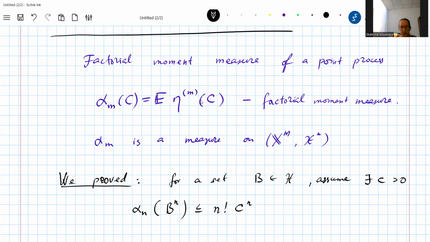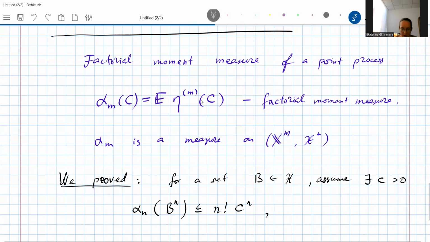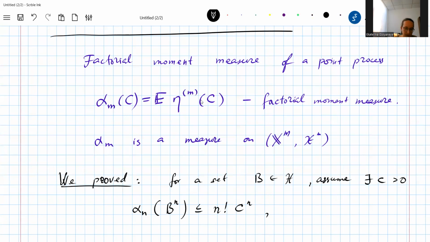So we say that it can grow, but not too fast. And too fast, we have here this n factorial speed. So it can grow fast enough, as we can see.